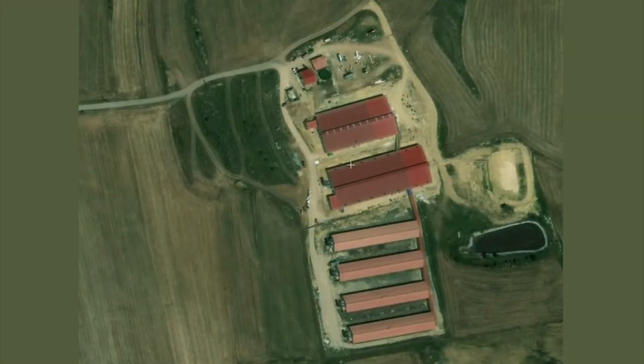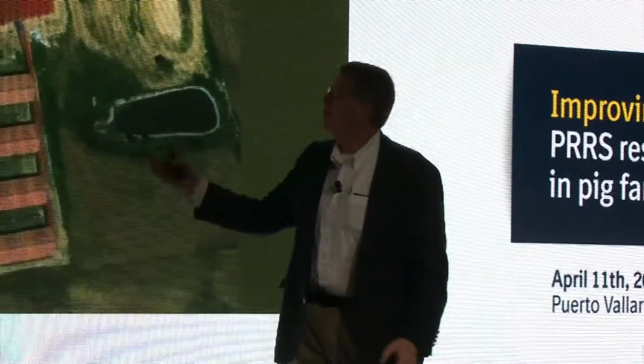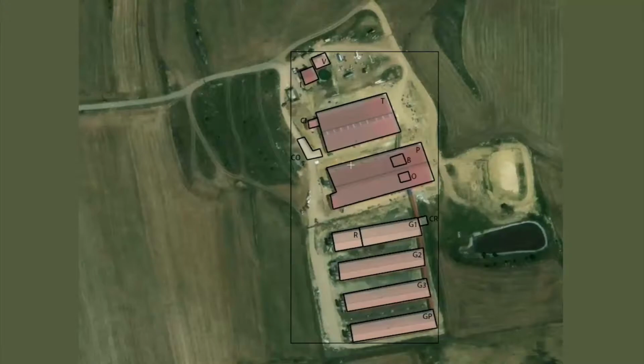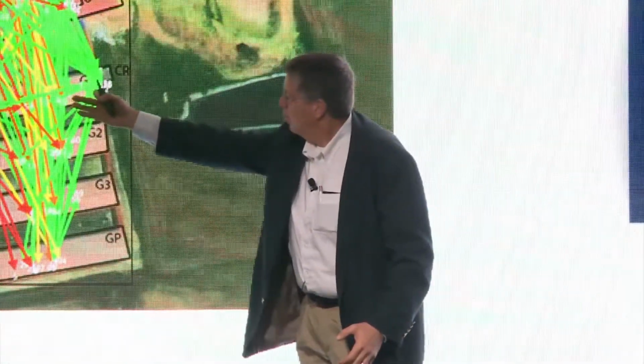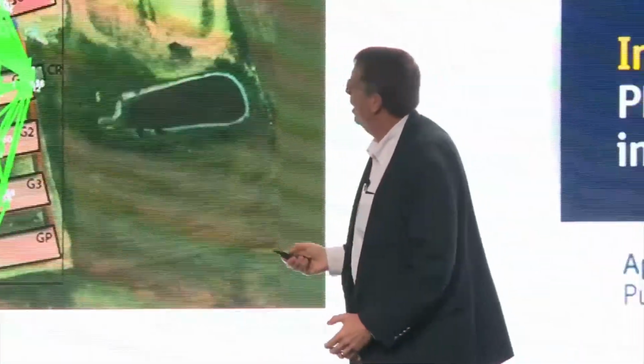Just to give an example, typically an image is taken using Google Earth of the site. The site is then mapped, and the risk zones are categorized based on the locations within the farm. As it's implemented, the risk movements are all mapped from no risk to low, medium, high, and very high.